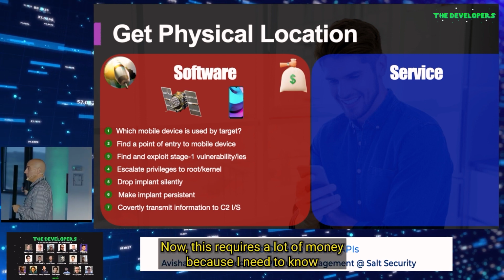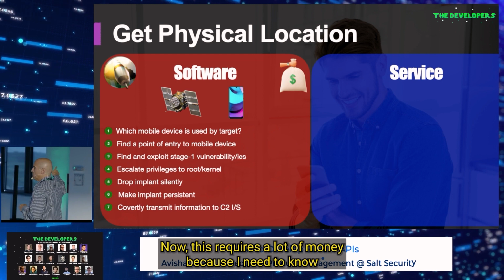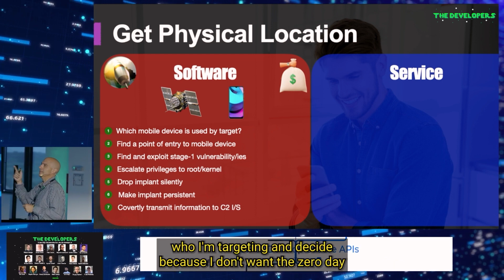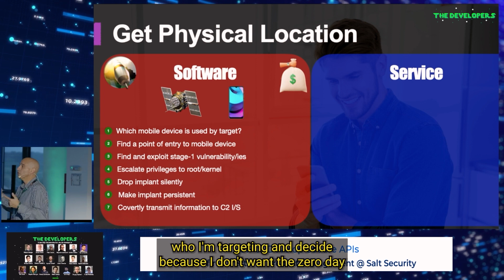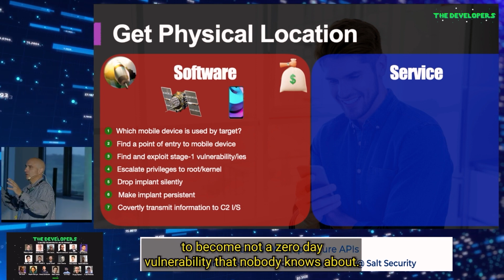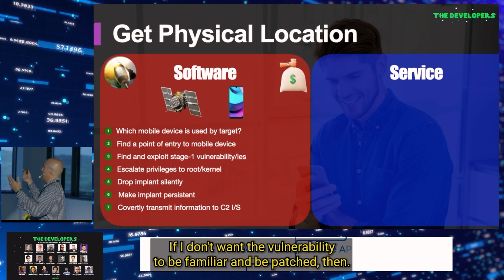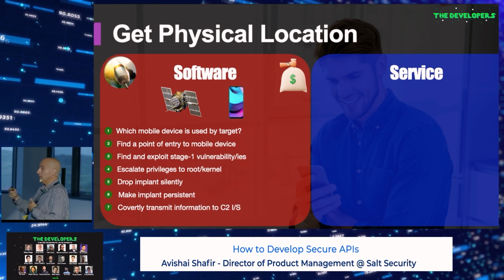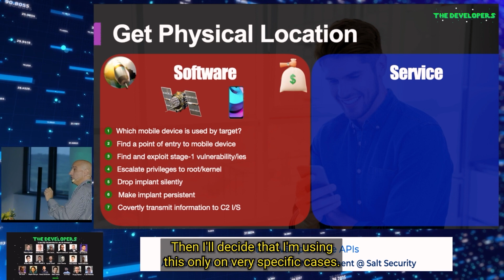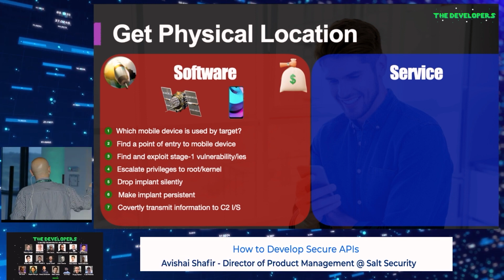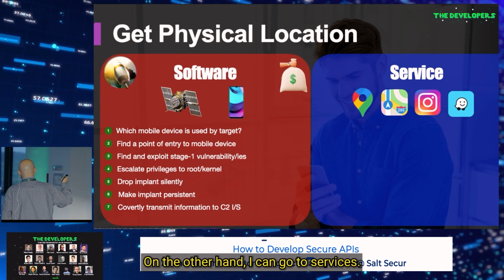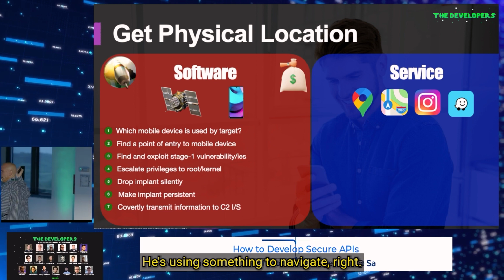There are different kinds of things that I can do in order to try and locate this person. Now, this requires a lot of money because I need to know who I'm targeting. A zero-day is a vulnerability that nobody knows about. If I don't want the vulnerability to become familiar and be patched, then I'll decide that I'm using it only on very specific cases. On the other hand, I can go to services. He's using something to navigate, right?